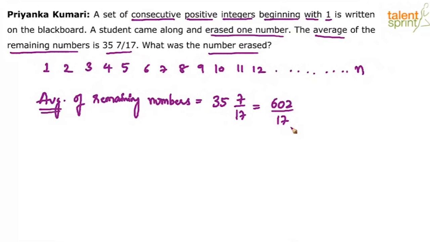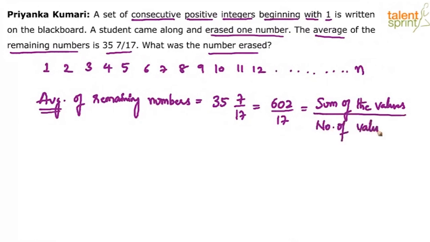If you try to equate 602 by 17 as the sum of the values divided by the number of values, this is more theoretical than calculation, so you have to understand very clearly what I'm saying.